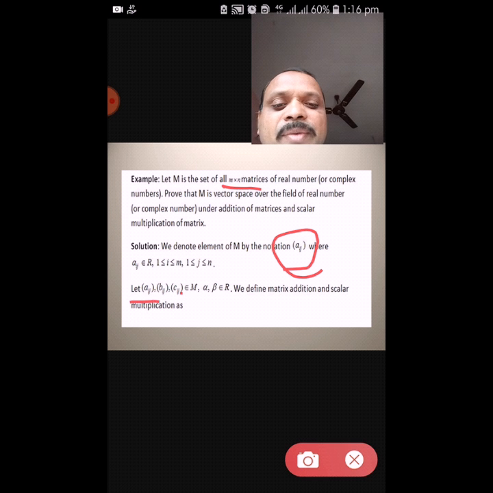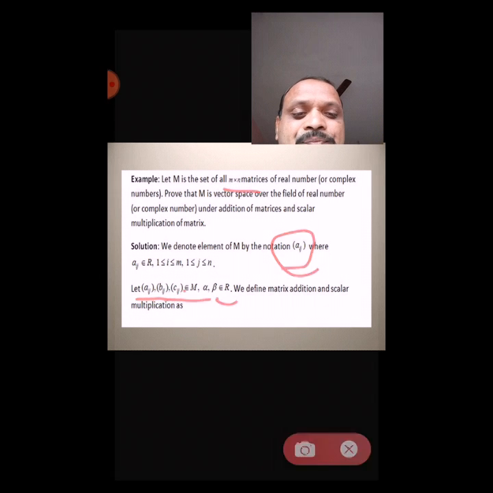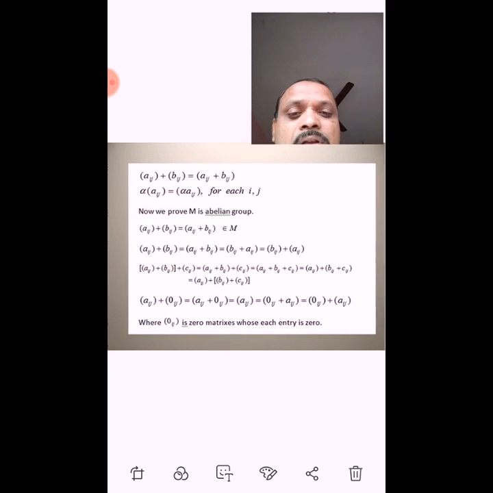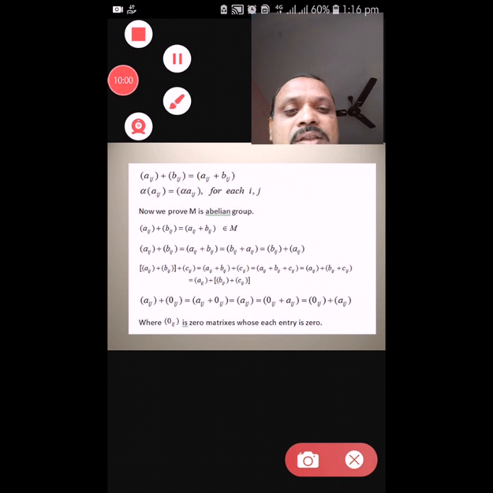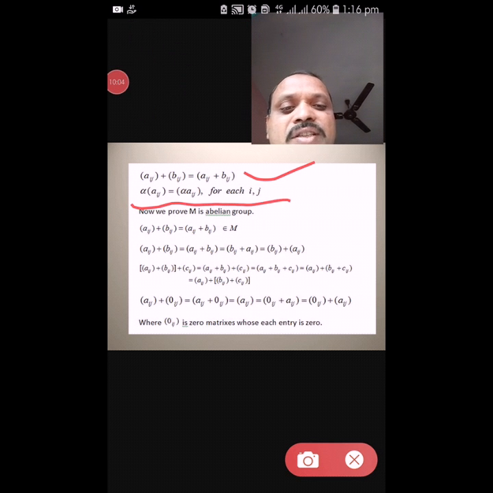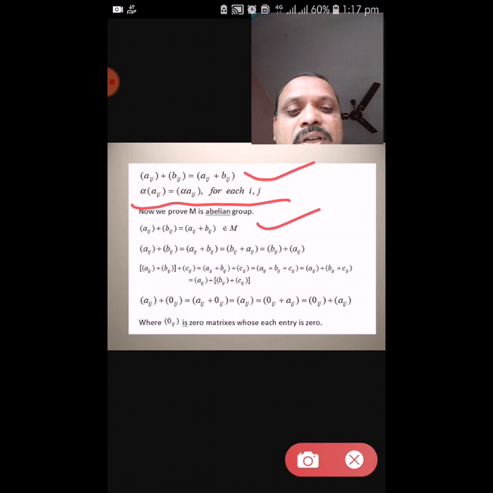So consider three matrices Aij, Bij, Cij, all belonging to M, and consider any two elements alpha, beta belonging to R. Here addition is component wise, as we know, and scalar multiplication is again component wise. Then we can see that the matrices satisfy the closure property.